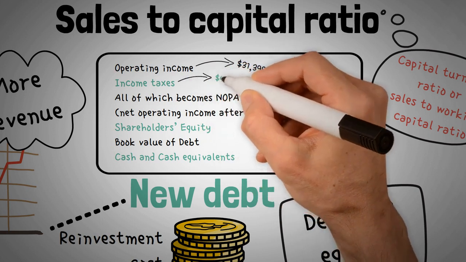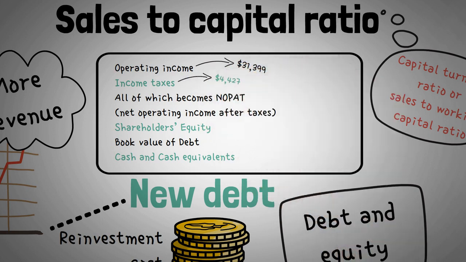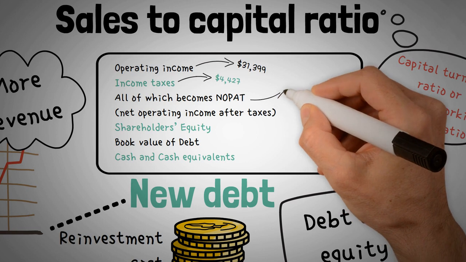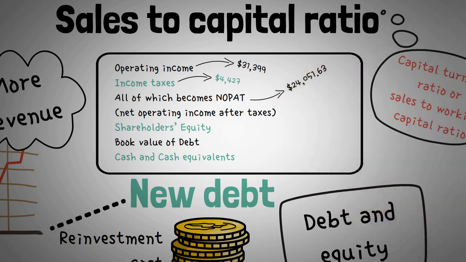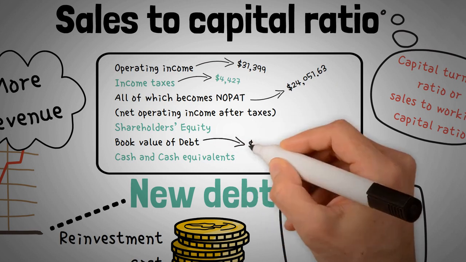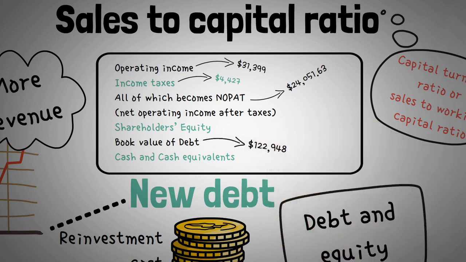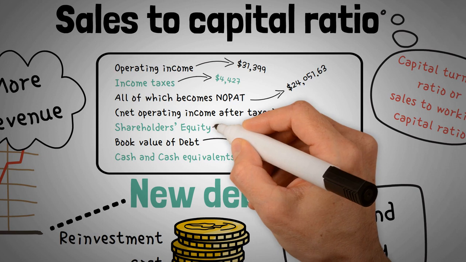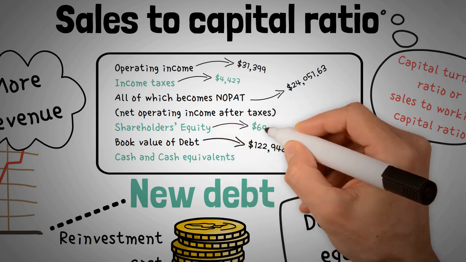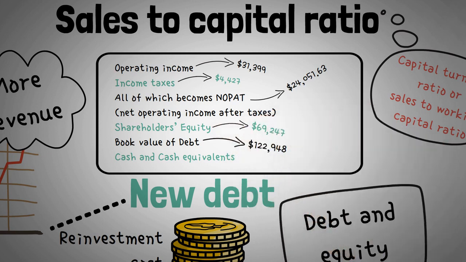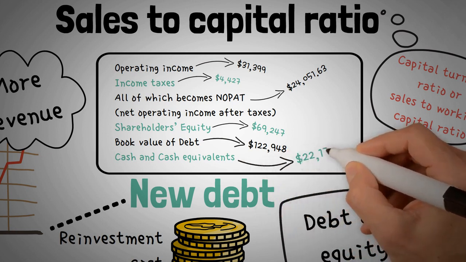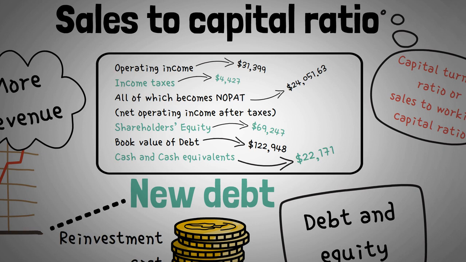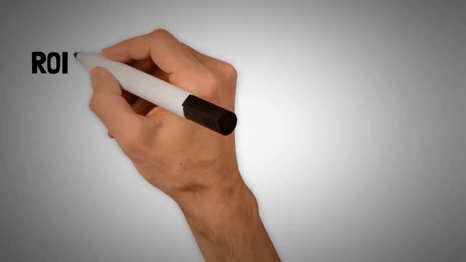Income taxes, $4,427. NOPAT, $24,051.63. Book value of debt, $122,948. Shareholder equity, $69,247. And cash equivalents, $22,171.